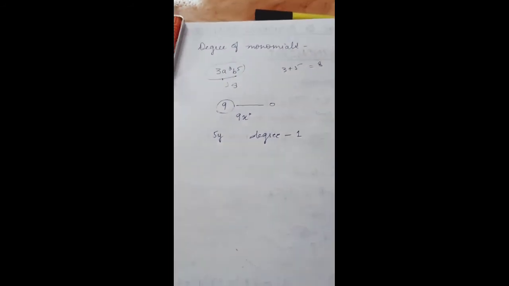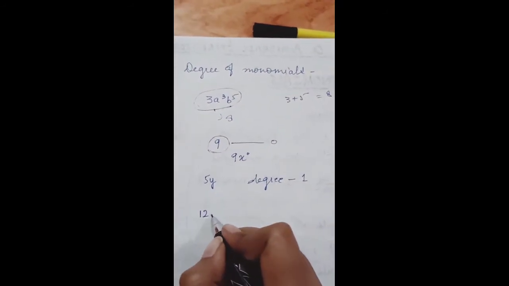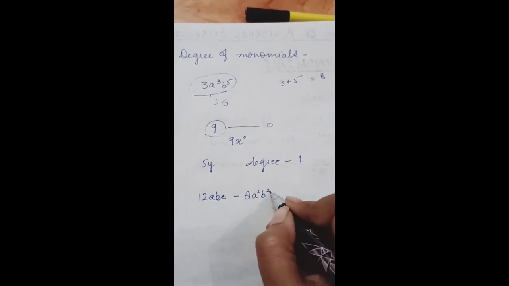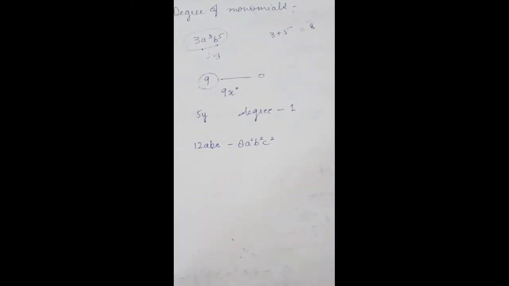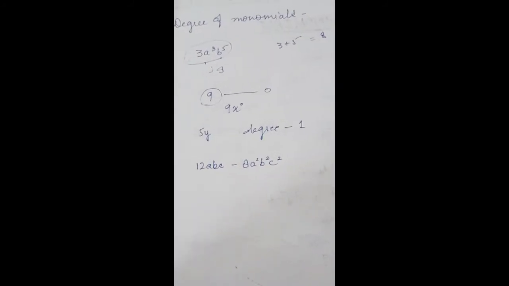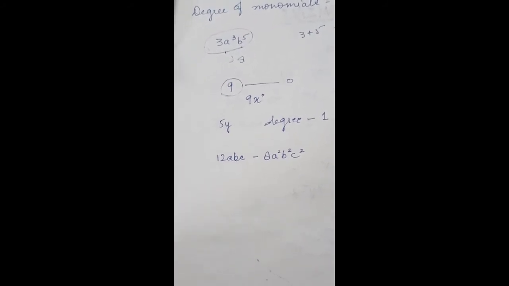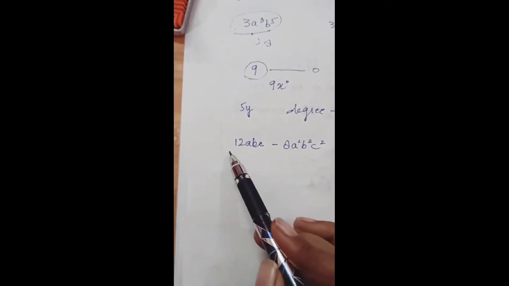Now we'll talk about the degree of polynomials. Now suppose we have the expression 12abc minus 8a square b square c square. Here we first find the sum of the powers of the variables.